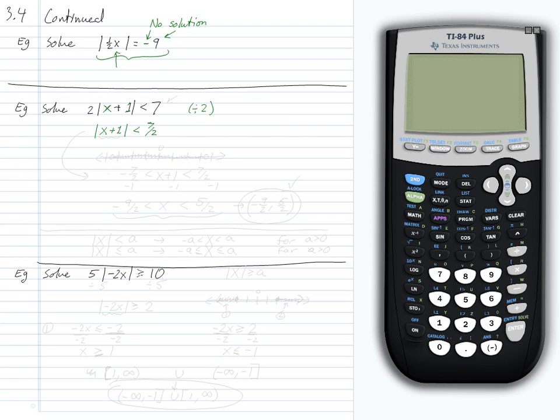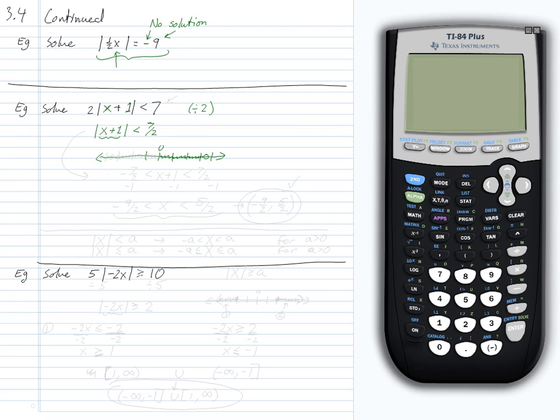So, how does that help me to figure out what x should be? Well, if this expression has a magnitude less than 7/2, that means that x plus 1 can be anything as long as it's less than 7/2 away from 0. On the number line, if we look at 0, go up to 2/2, 4/2, 6/2, 7/2, anything along that line could be our expression x plus 1.